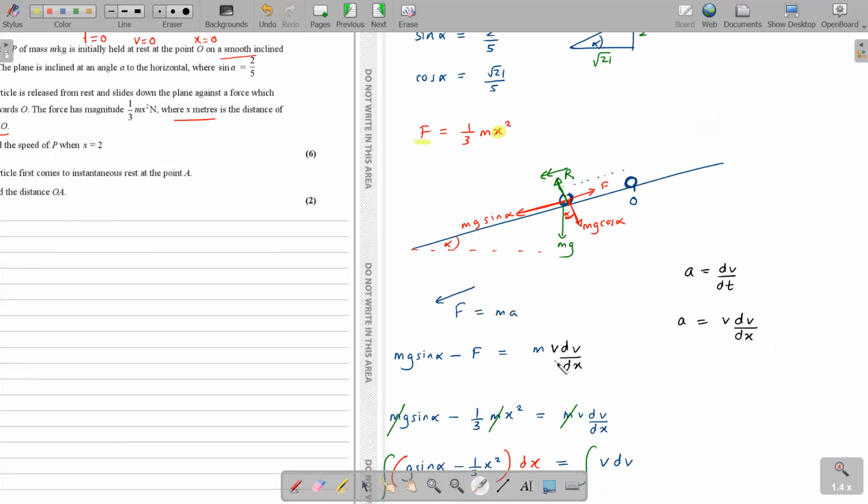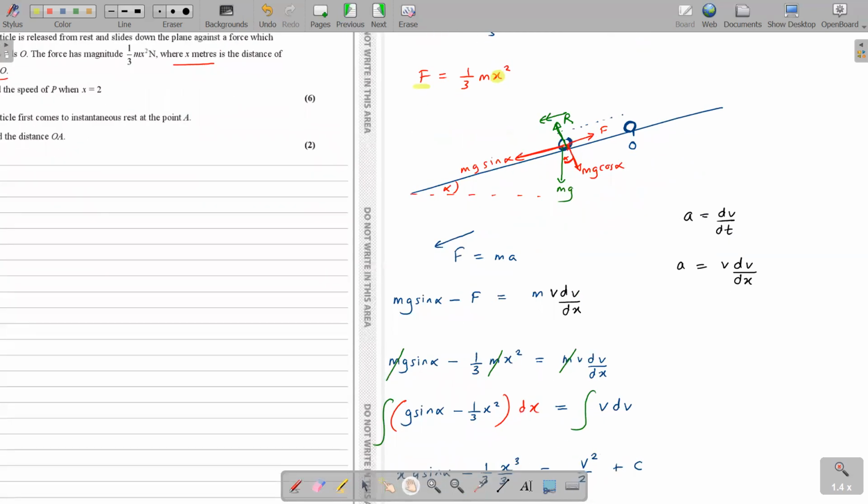Then you can see what I've done here. I've replaced the F value with 1 over 3 mx squared, and I've cancelled the m, which is common to everything. I've done a variable separation, something you do in P4. Here v and dv, and the dx here, because the entire thing is considered with respect to x.